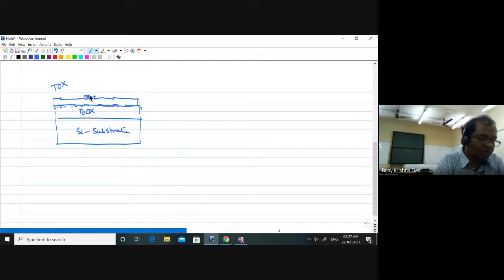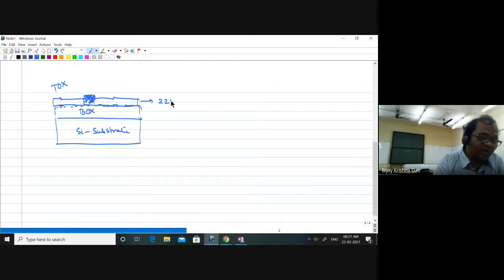So this region has higher height, and these regions have a little lower height, because you are selectively removing them.